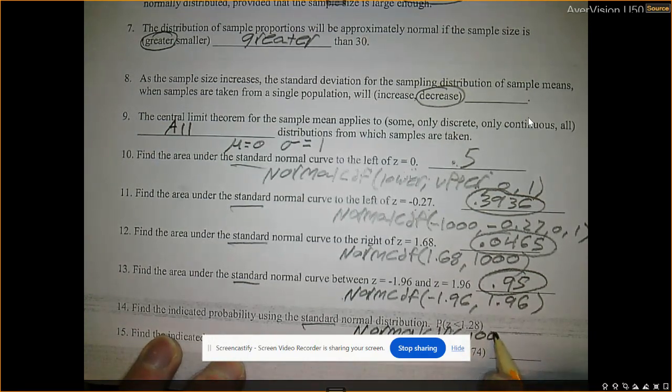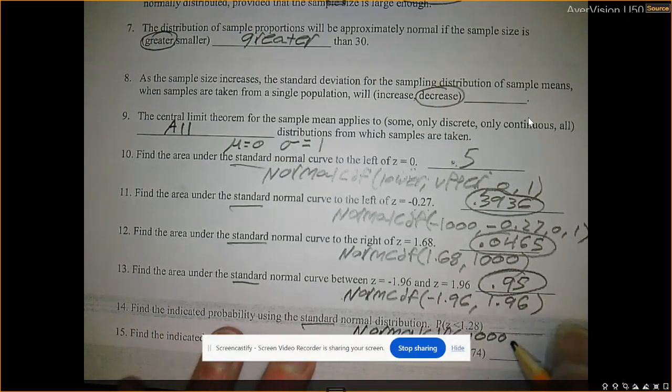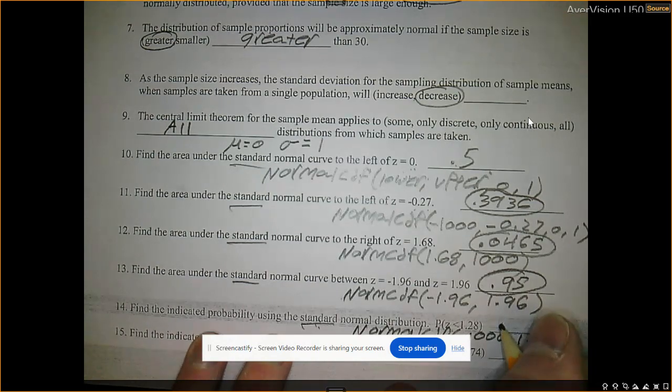So now we're left of positive 1.28. So all the way left we call negative 1,000. That 1.28 is your upper bound. Again, still standard normal. So mu is still 0, sigma still 1. So you don't even have to put those in, and you should get 0.8997.